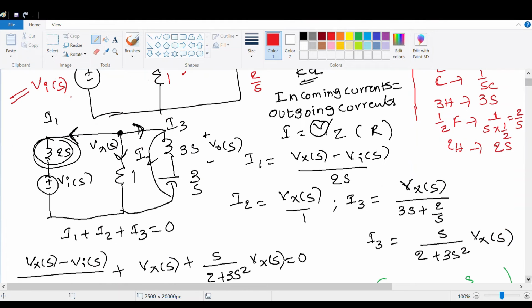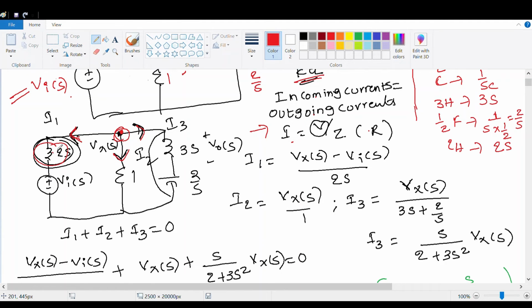After that, remember Ohm's law, I is equal to V by R, and KCL is incoming currents equal to outgoing currents. So I represented the currents I1, I2, I3. All are leaving this node. So I1 is voltage across this by this impedance.